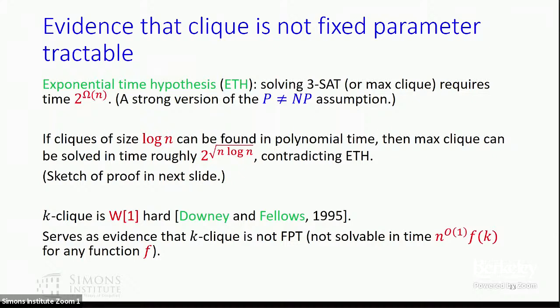So if cliques of size log n can be found in polynomial time, it can be shown that then max clique can be solved in time roughly 2 to the, let's say, square root n, and this would contradict the exponential time hypothesis. I'll sketch a proof in the next slide. There is other evidence that clique is not fixed parameter tractable.